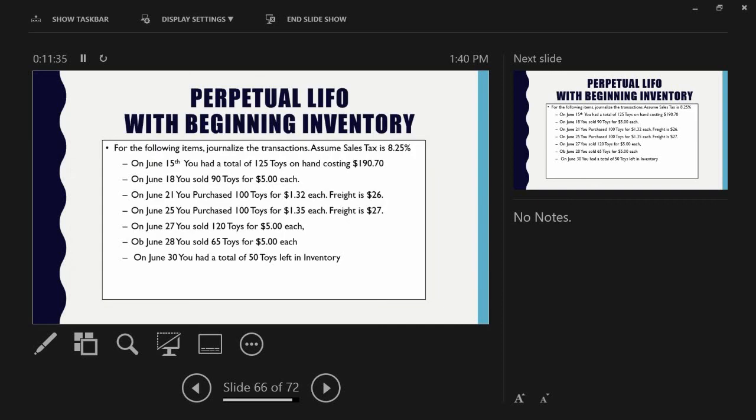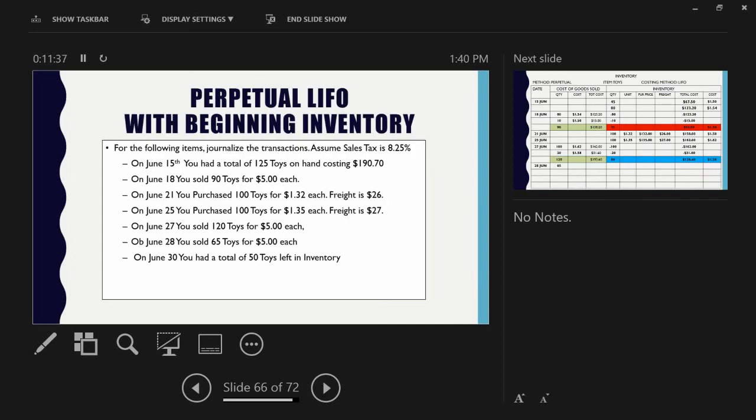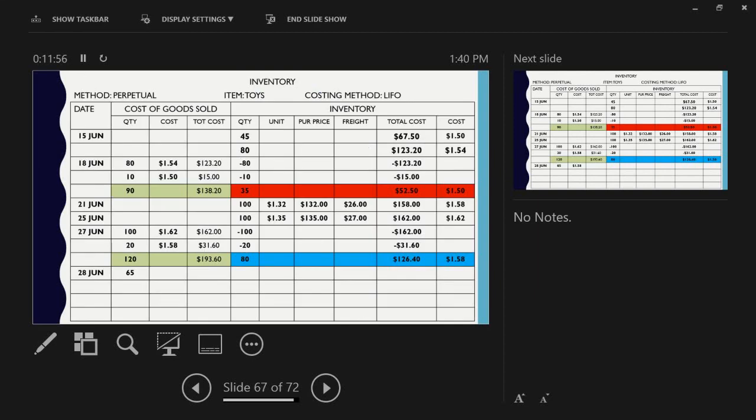All right. And then last batch that we have here is on June 28th. You sold another 65 units at $5 each. And then on June 30th, you had a total of 50 toys left on hand, or in inventory. Okay. So we sold another 65, right? We only have 65. And which batch are we going to be taking it out of?